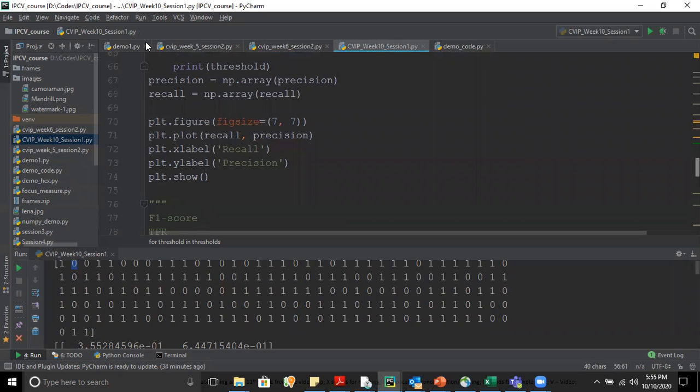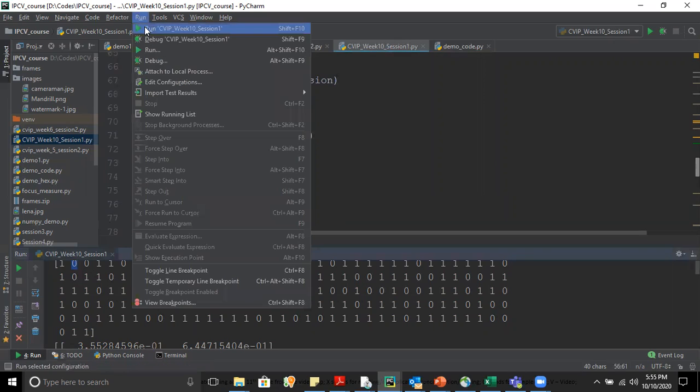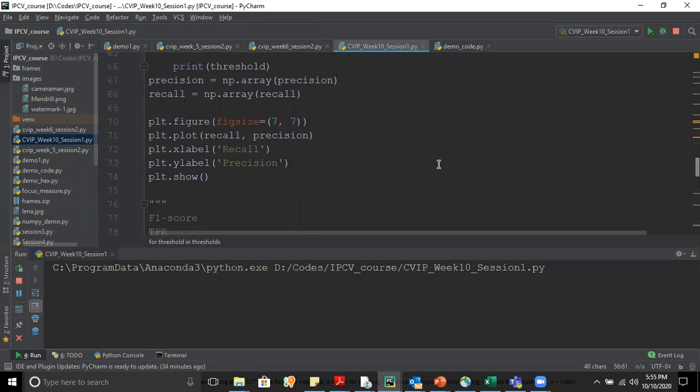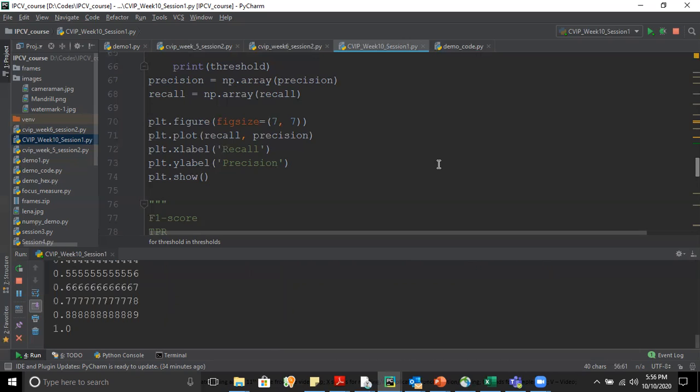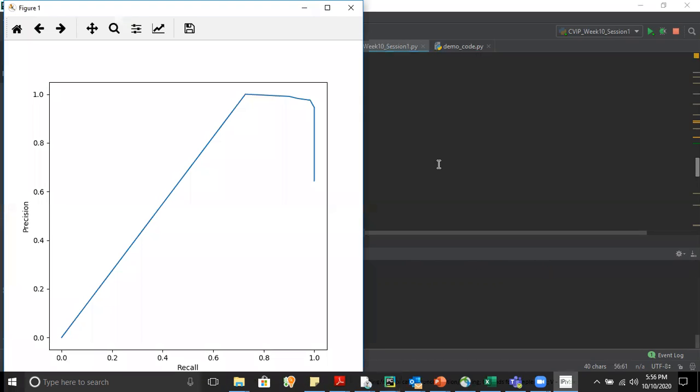So now let me run this. Right, so this is the precision recall curve.